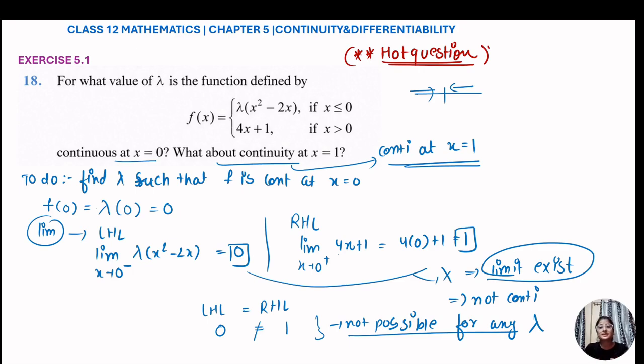You should practice this type of question a lot. We will do these exercise questions, and this type of question will come a lot in your book also. If you want more of these questions, you can follow the examples of the NCERT book, which also contains this type of question.